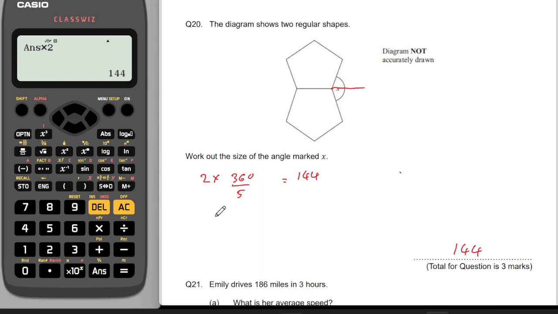Possibly I didn't record that. So all I've done there is split that into two exterior angles and said 2 times by 360 divided by 5 is going to give me the size of each exterior angle. So it's going to be 144.